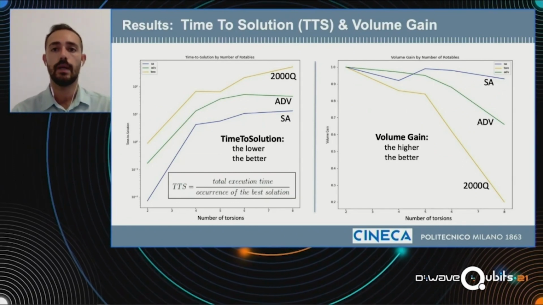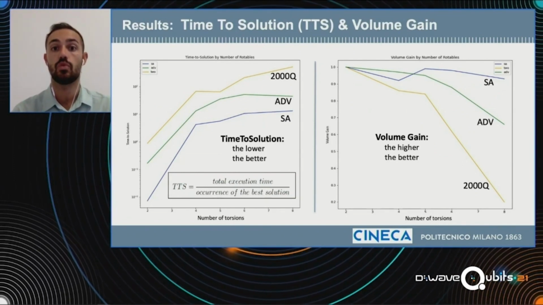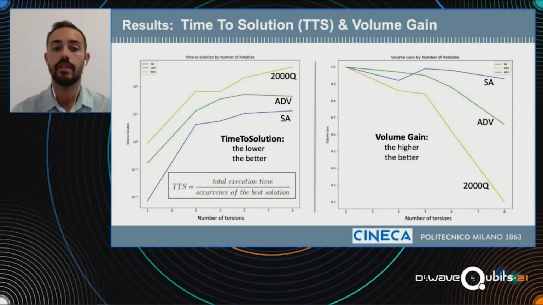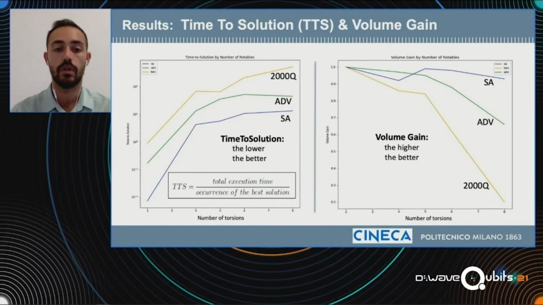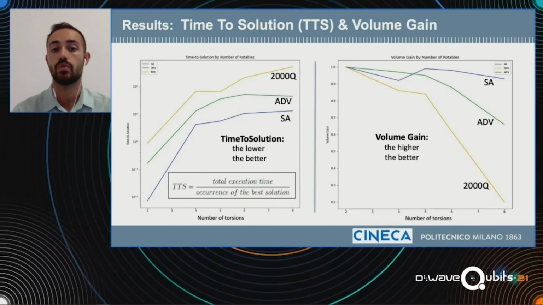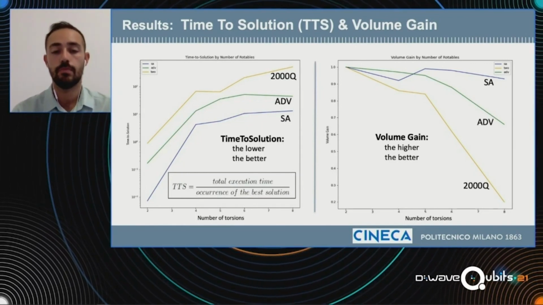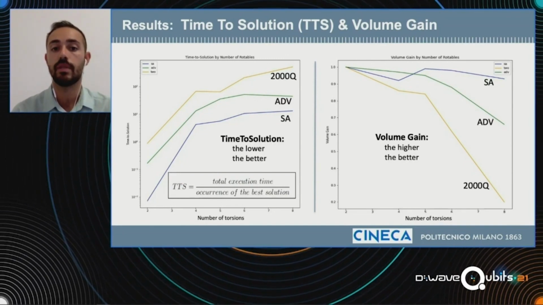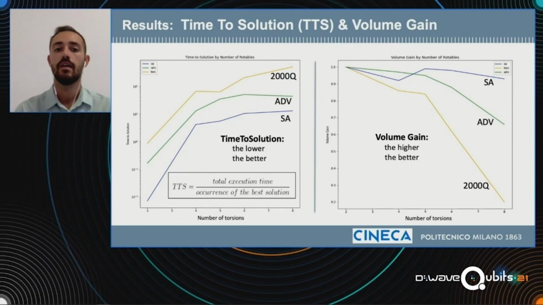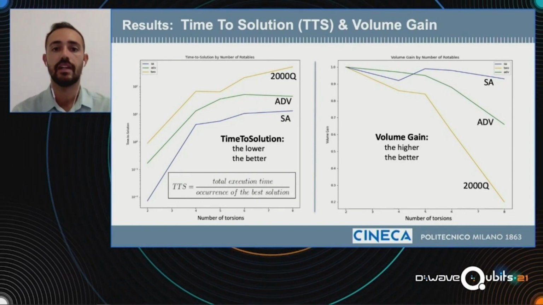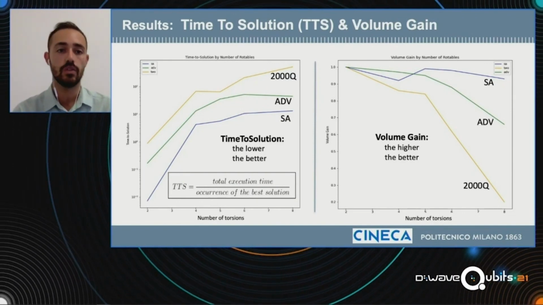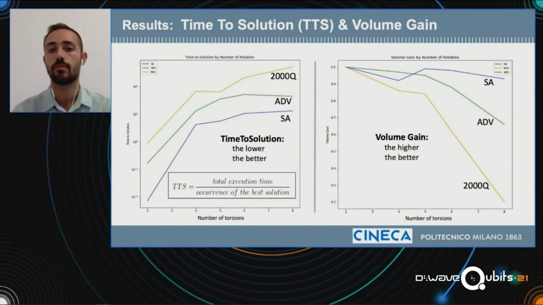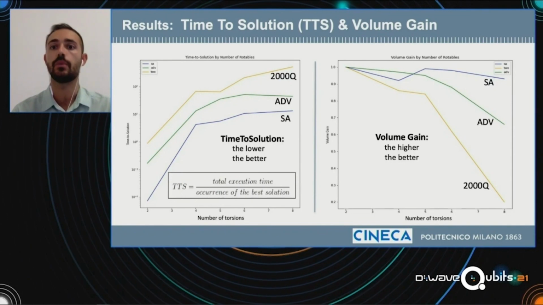So what we plotted here is the time to solution, which is the total execution time divided by the number of occurrences of the best solution. Which basically is telling us the probability of finding the optimal solution in a unit time. Here, the lower the better, so simulated annealing works well, but Advantage is very close because this is log scale, and for sure Advantage significantly outperforms 2000Q.